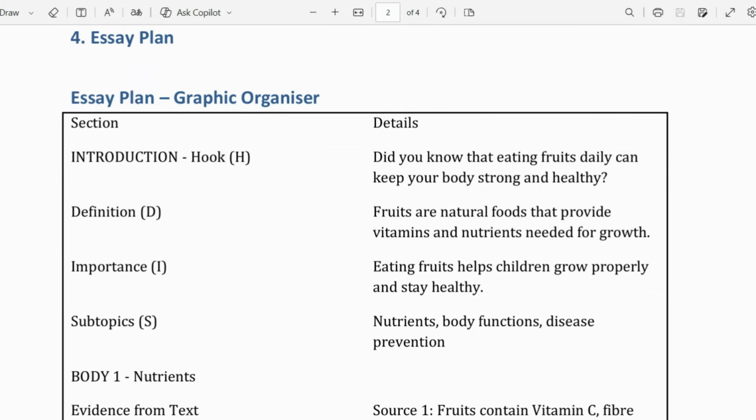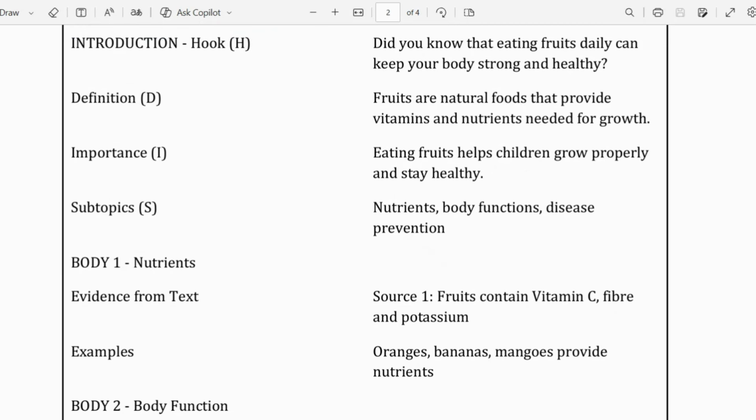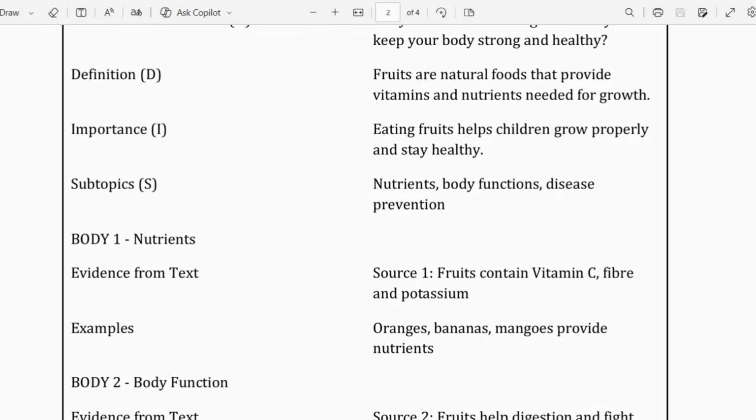The definition of what fruits are: fruits are natural foods that provide vitamins and nutrients needed for growth. Why are fruits important? Eating fruits helps children grow properly and stay healthy. And the subtopics that are going to be coming out in our body paragraphs are nutrients, body function, and disease prevention, just like what we had in our same mean matter chart.